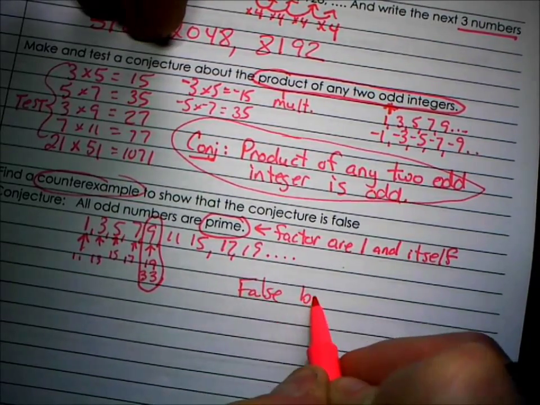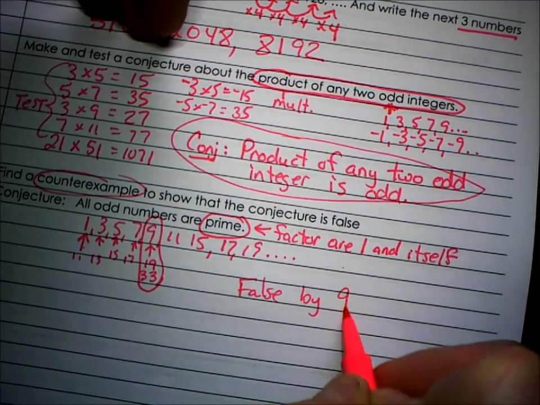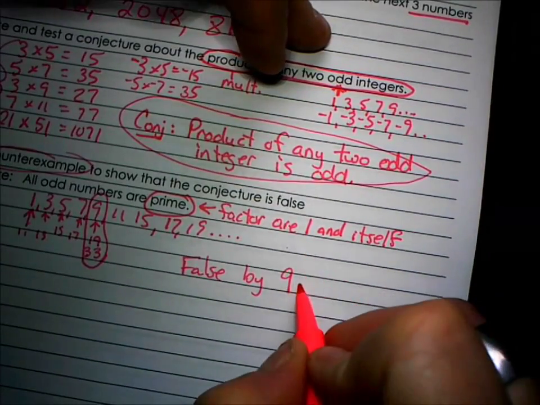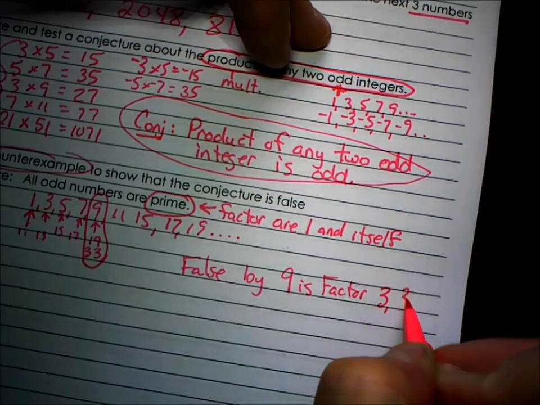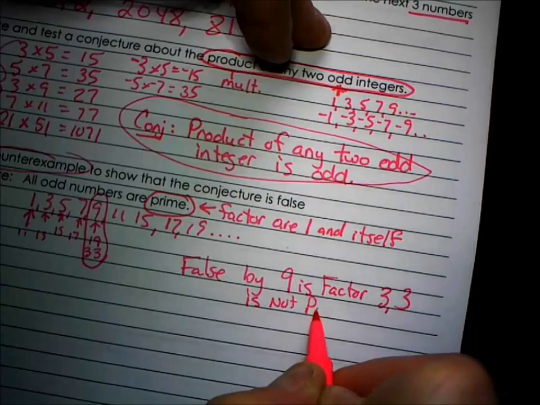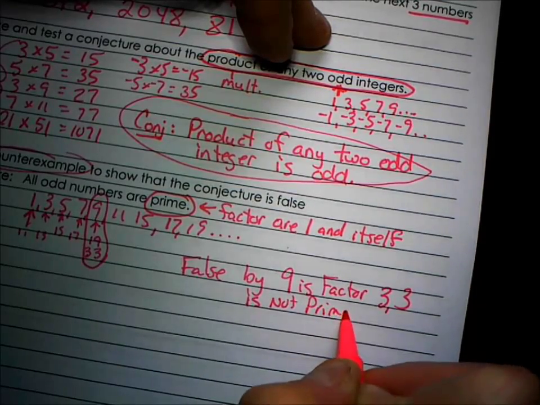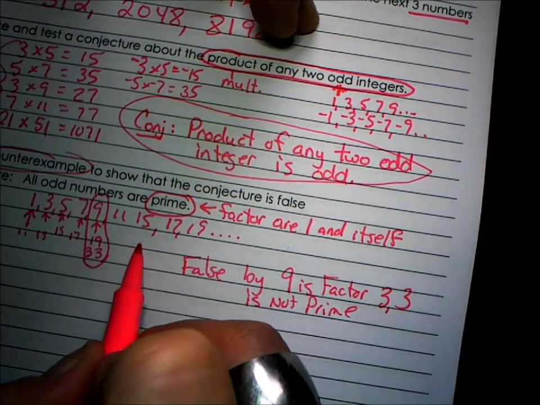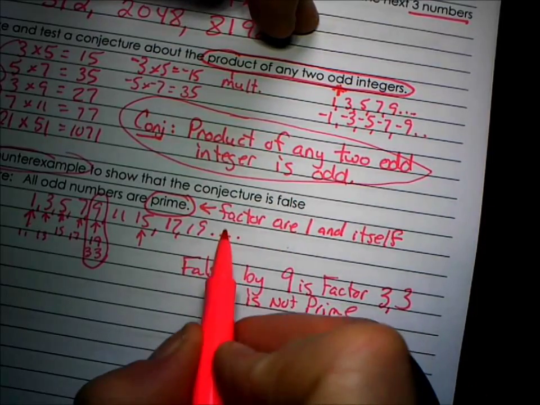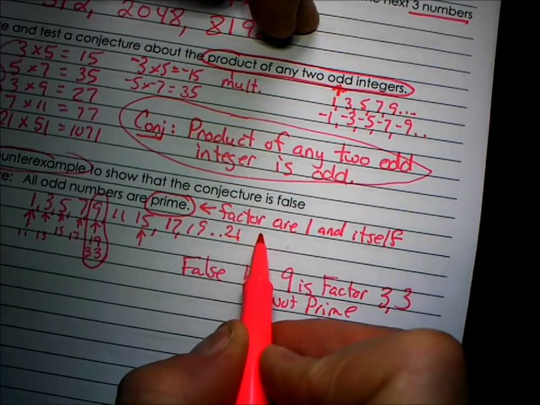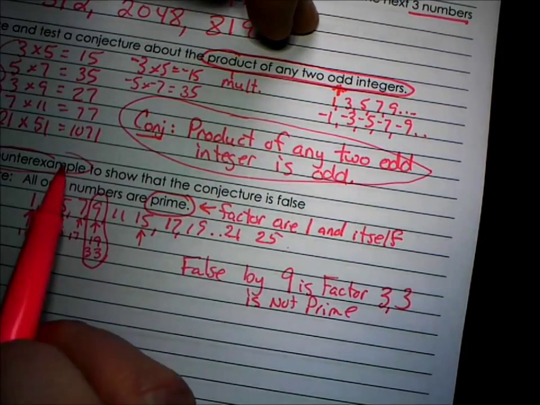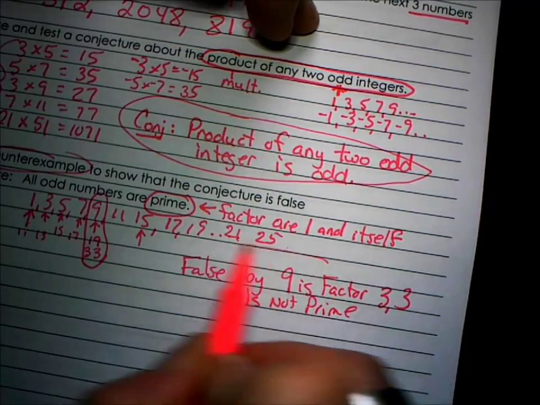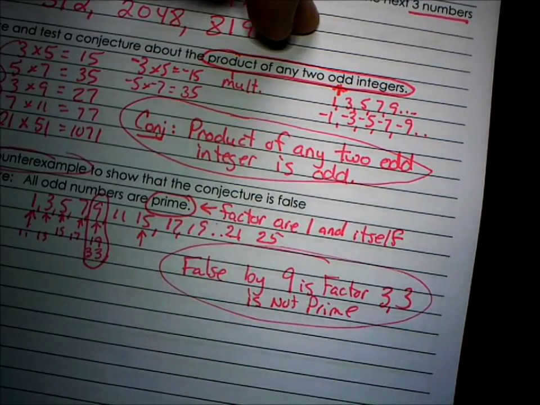So this is false by 9's factors of 3. It is not prime. Realize I could have done 15, 21, 25. There are several of them. All it takes is one example, and that's what they're saying: find a counterexample, just one, that shows that this is false.